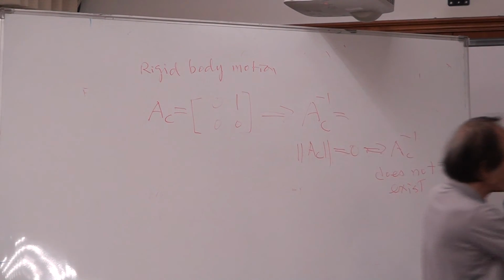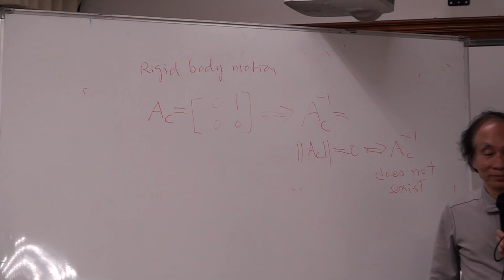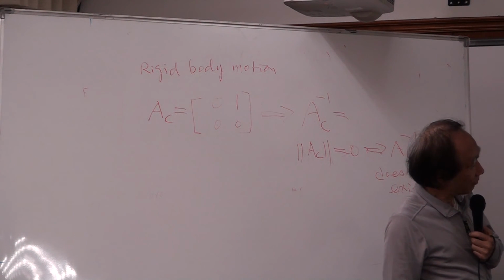Did I do anything wrong when I derived these equations? No. So what's wrong with me? A mathematical problem? I would get a Nobel Prize if I said it's not a mathematical problem. Now what is the problem with this?